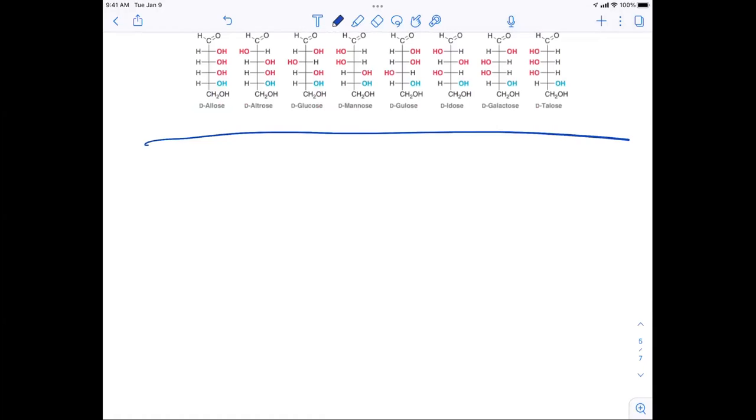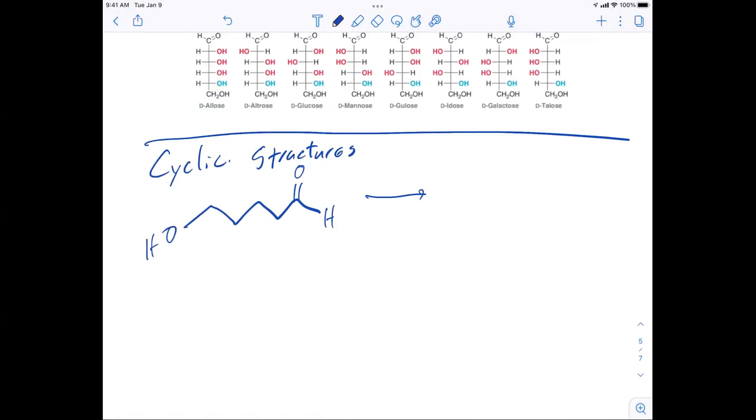The other thing that can happen with these is remember that if we take an aldehyde or a ketone, right, when we have an alcohol and the aldehyde, if we add a little bit of acid catalyst to that, I can turn that into a hemiacetal.